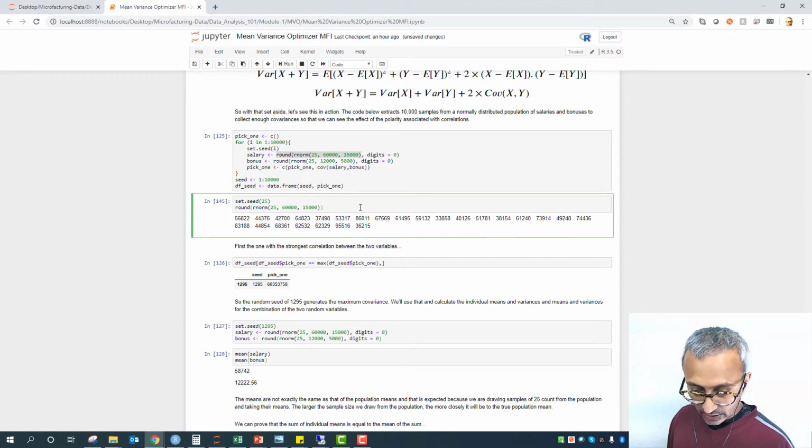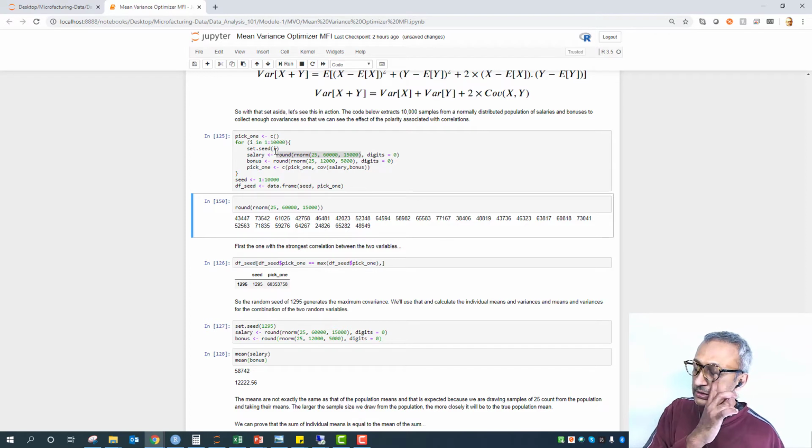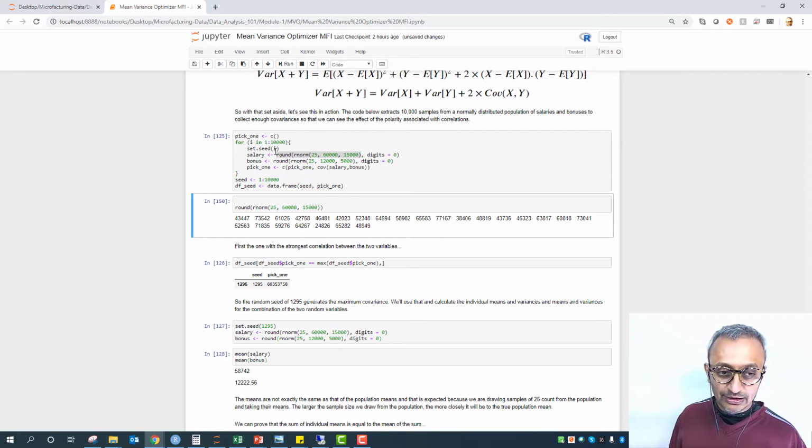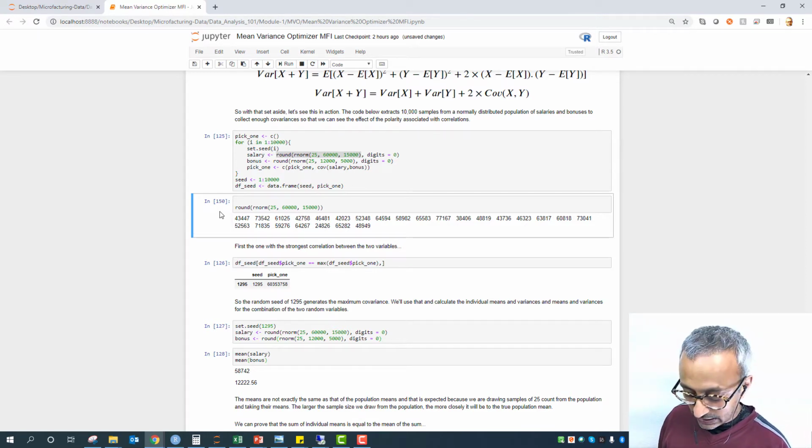If I remove the seed, the number keeps changing. This is a way to tell the tool that I want the same exact series of data every time I run it, so that I can track what is going on. Otherwise you will not know what's going on.